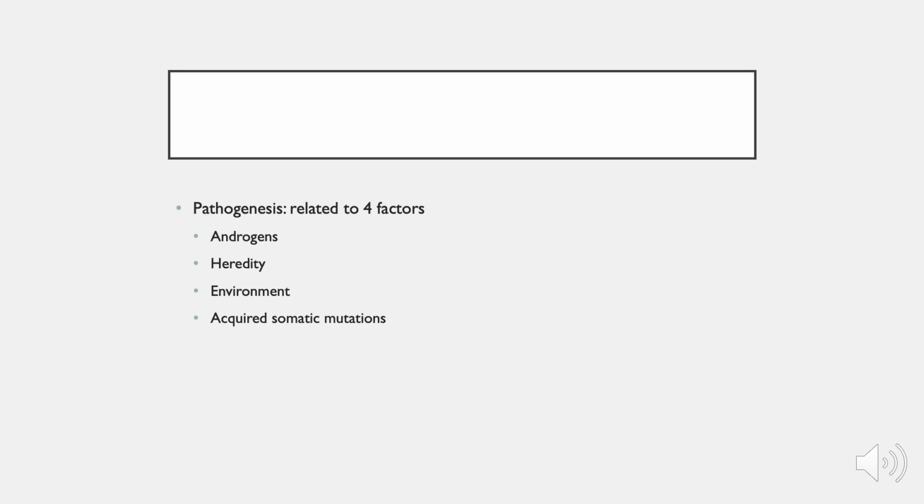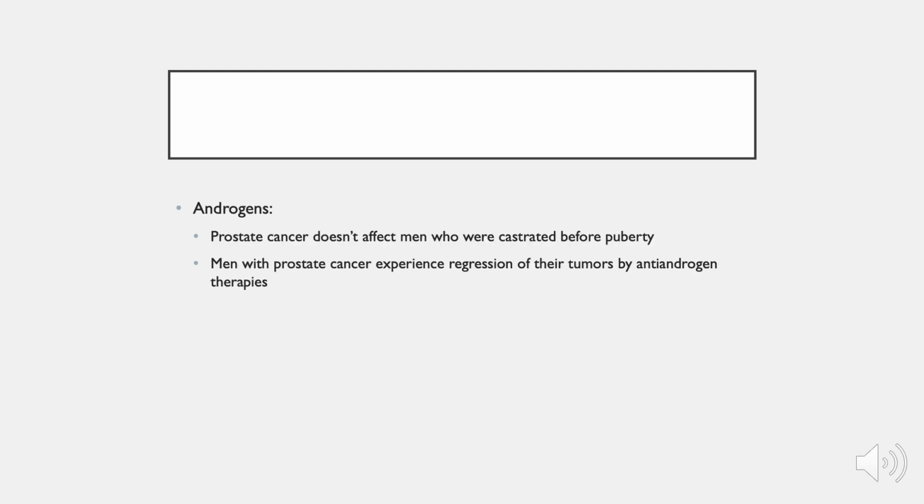The pathogenesis of prostate cancer is related to four major factors: androgens, heredity, environment, and acquired somatic mutations. Like what we saw in benign prostatic hyperplasia, androgen plays an important role in the development of prostate cancer.